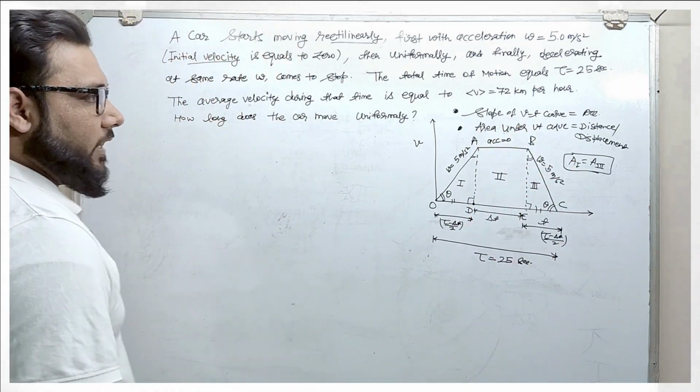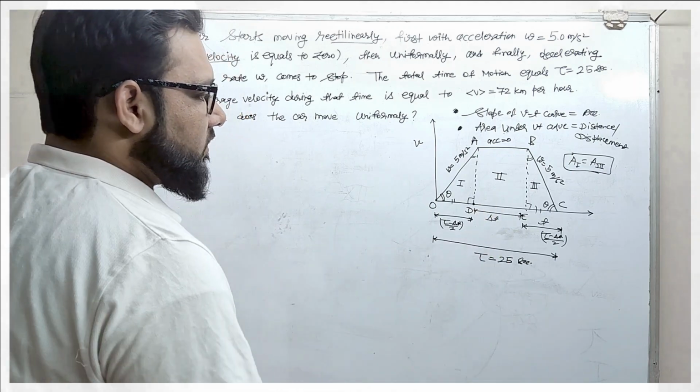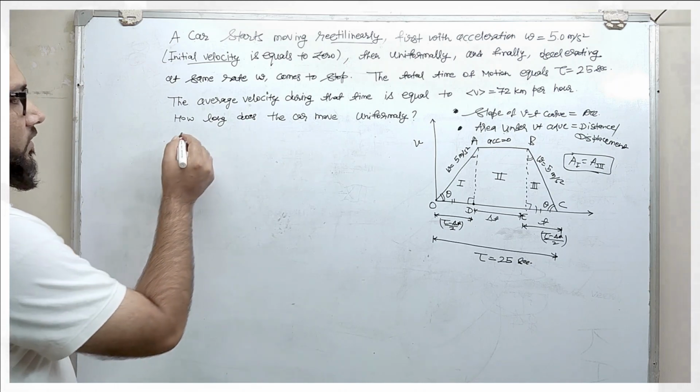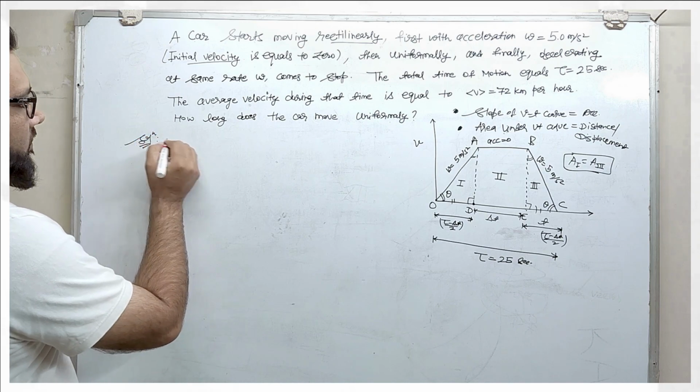So first of all, to find the distance, we will first find the time delta t. And how will we solve this? Okay guys, first of all we know the average velocity. This is the solution.